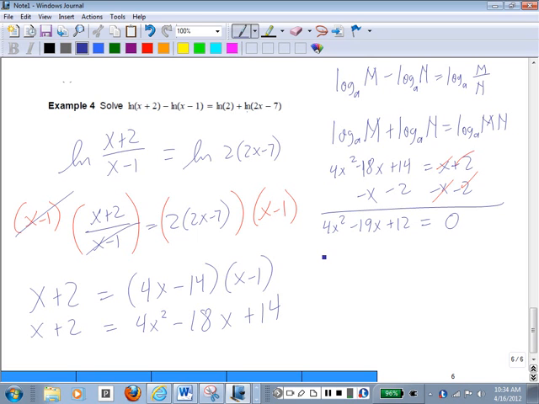Okay. So here goes. x equals the opposite of b plus or minus the square root of b squared minus 4 times a times c all over 2 times a. x equals 19 plus or minus the square root of, I want to say the square of negative 19 is 361.